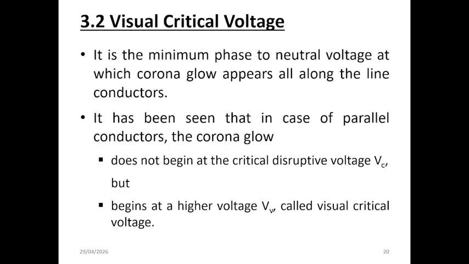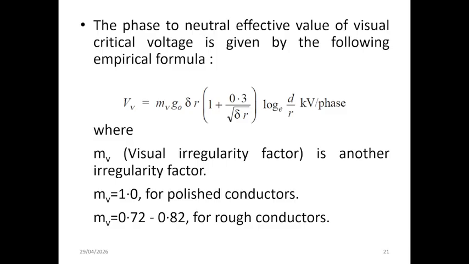So this occurs because a certain level of ionization intensity is required before the glow becomes detectable to the human eye. Therefore, the visual critical voltage is always greater than the critical disruptive voltage and plays an important role in practical observation and analysis of corona effects in overhead transmission lines.